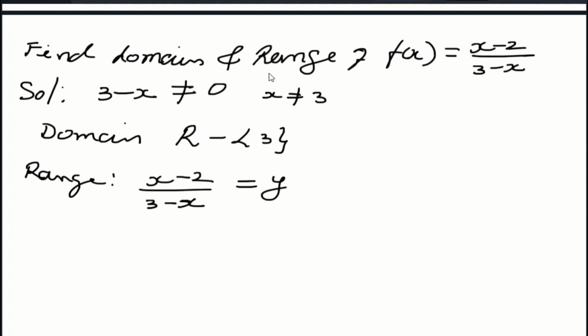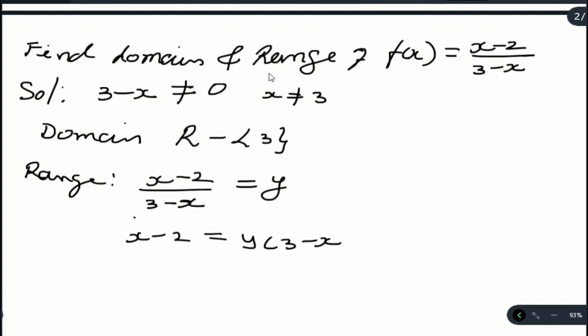Now I have a clear idea what x can take. So I am just going to rewrite this so that x is in terms of y. Okay. So I can write here x minus 2 is equal to y into 3 minus x. Okay.